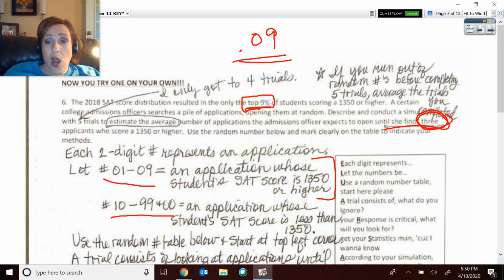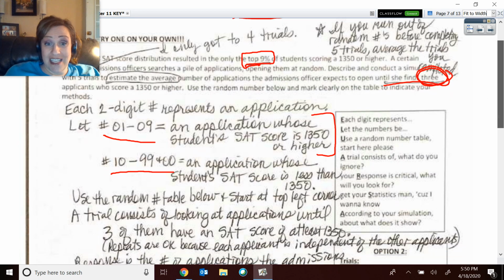So this was a problem where we were going until you achieved a goal. So we didn't really know how long we were going to go. It wasn't like look at 6 2-digit numbers, look at 6 2-digit numbers. It was go until.